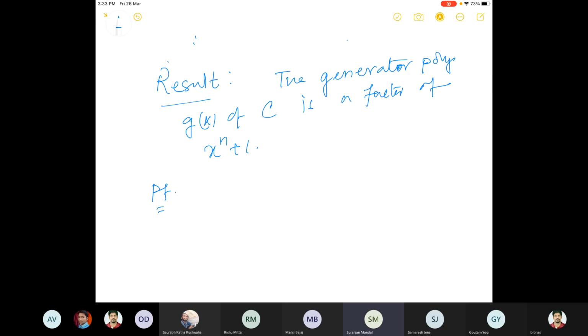Okay, let us do this. We have the shifting property, like x to the power i times v(x) equals q(x) times x to the power n plus 1 plus the shifted polynomial.